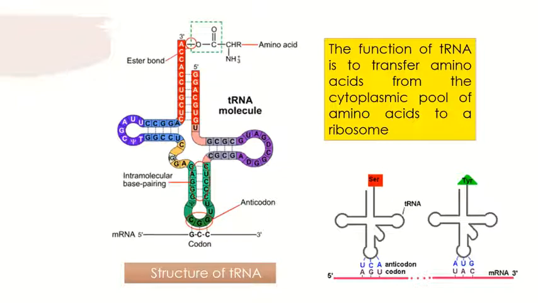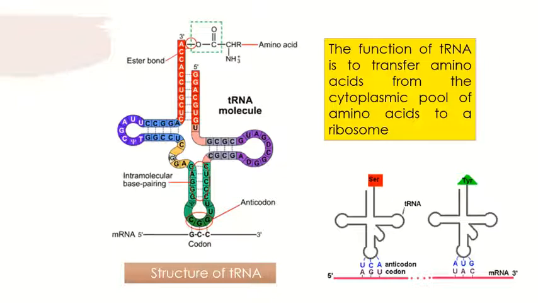Notice that the serine tRNA attaches at the codon AGU. And what is the anticodon? The anticodon is the triplet that is carried by the tRNA.